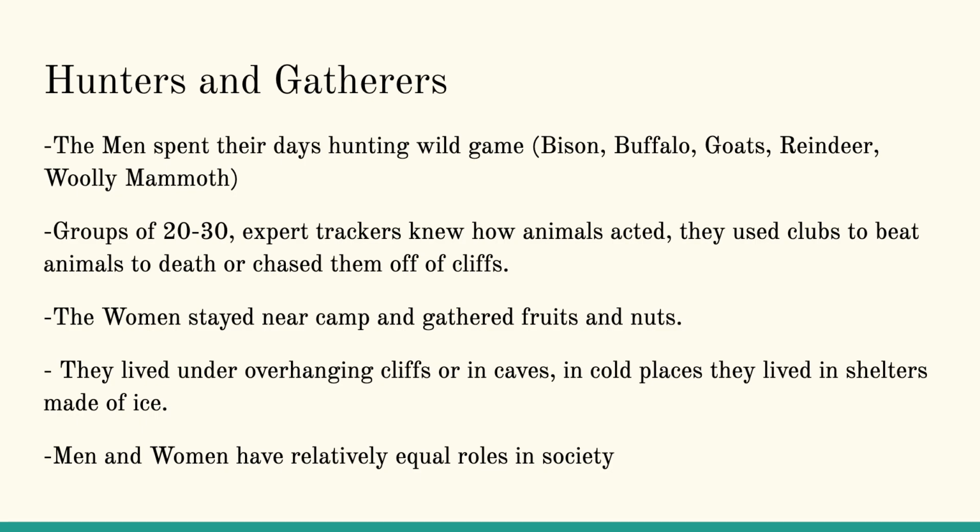Women, their role in the society is going to be to stay near the camp and gather fruits and nuts. Okay, so that's the main job. Notice the gender roles here in this society are different. Men have roles, women have roles. However, if we look down here at the bottom, it says men and women are relatively equal. They're equal. Okay, there's nobody that's in charge of another.